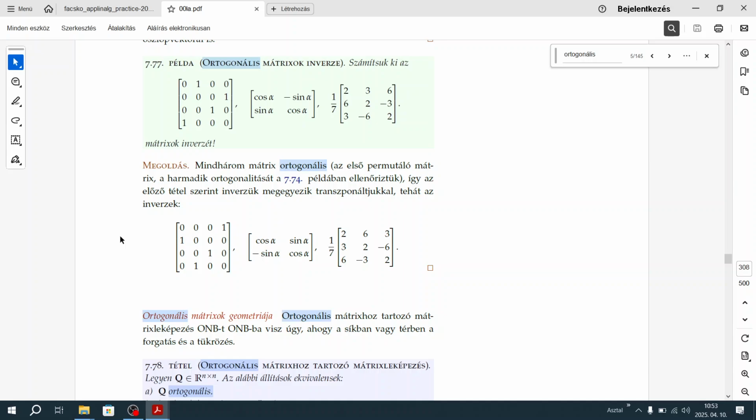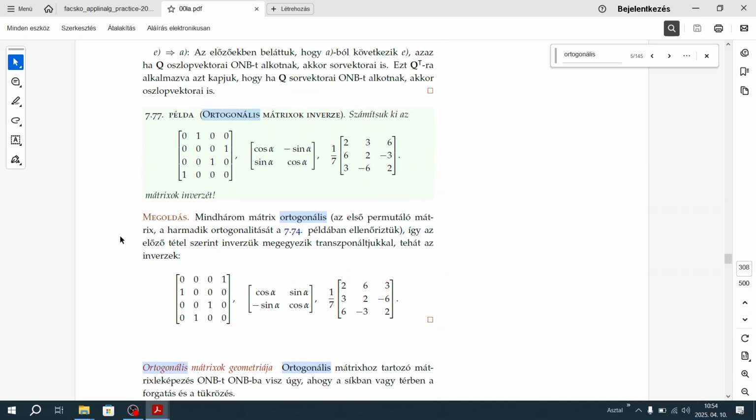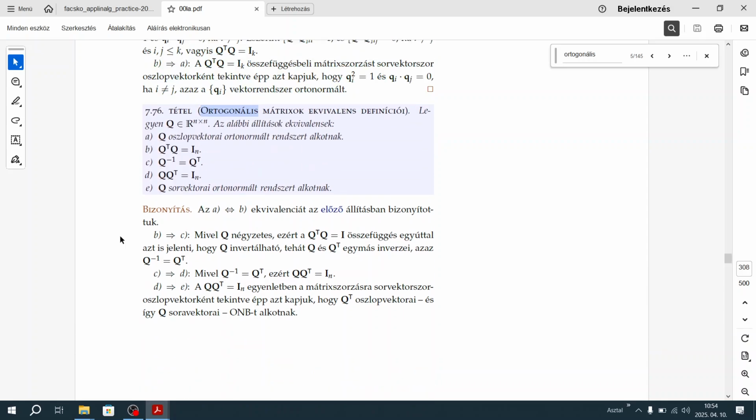Yesterday I did these examples. There it's 7.77, and the task was the one just above it, before it.